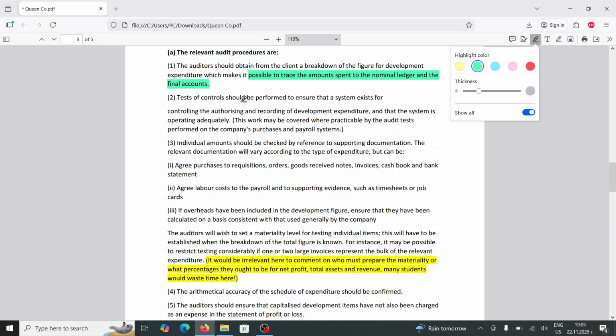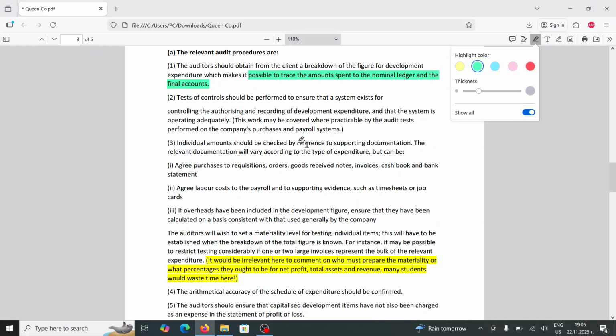2. Tests of control should be performed to ensure that the system exists for controlling the authorizing and recording of development expenditure, and that the system is operating adequately. This work may be covered where practicable by the audit tests performed on the company's purchases and payroll system. 3.